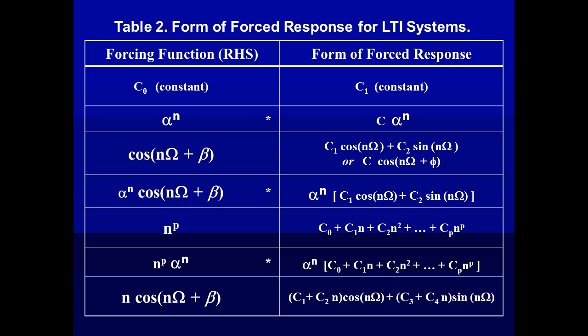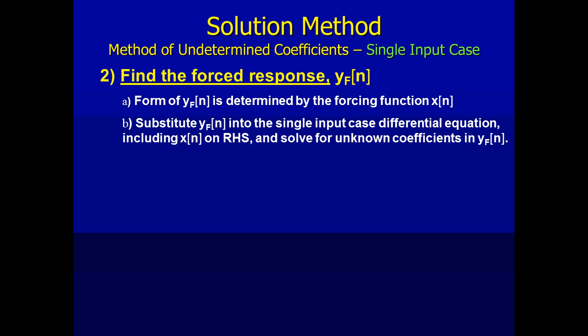So we get the form from a table based on what form our input forcing function is. And then we're going to substitute this forced response into the single input case difference equation.